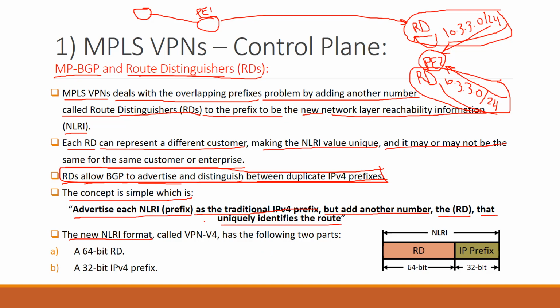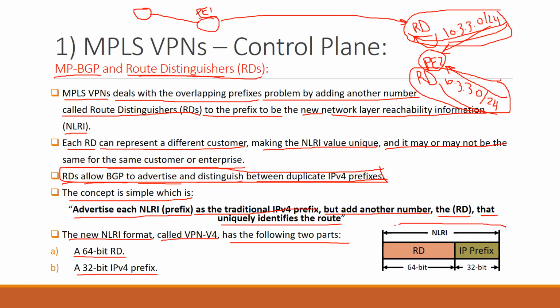And this new format of the network layer reachability information will be called VPNv4, and it has two parts, as we discussed here. The first part is 64 bits dedicated for the route distinguisher value, and the second part represents the 32-bit IPv4 prefix.